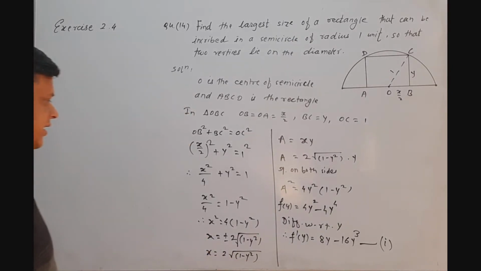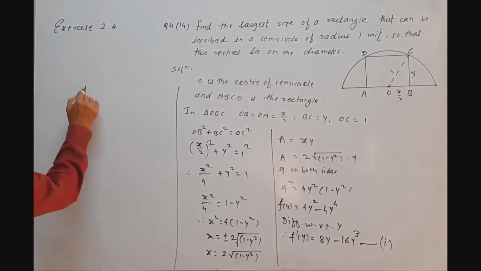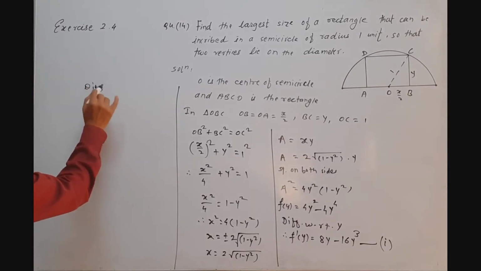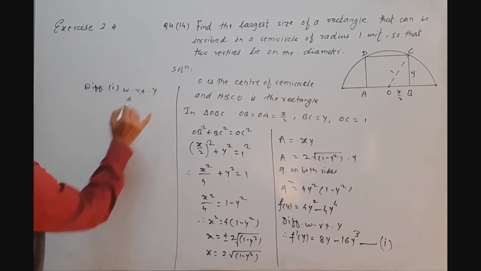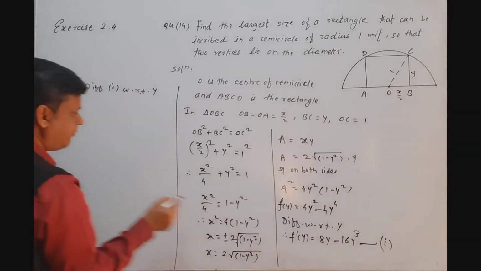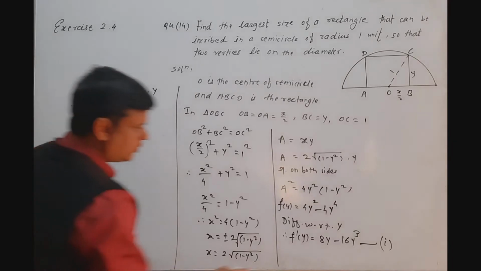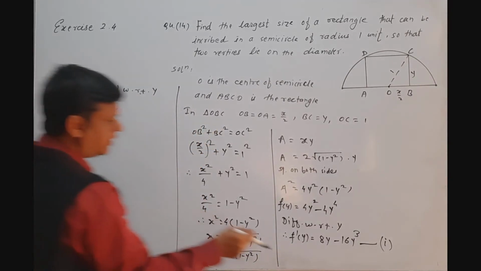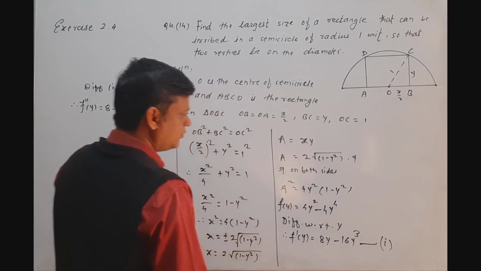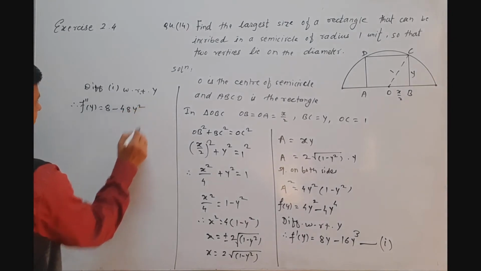So we differentiate equation 1 with respect to y. Therefore f double dash of y is equal to derivative of 8y, we get 8, minus derivative of 16y cube, so here we get minus 48y square.